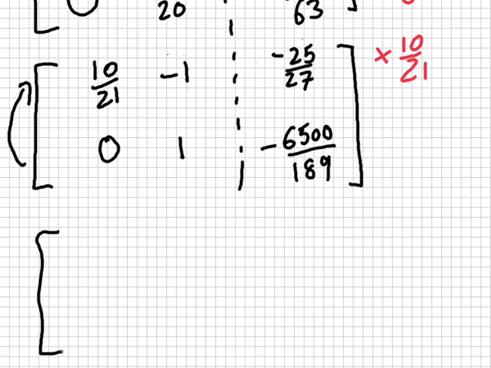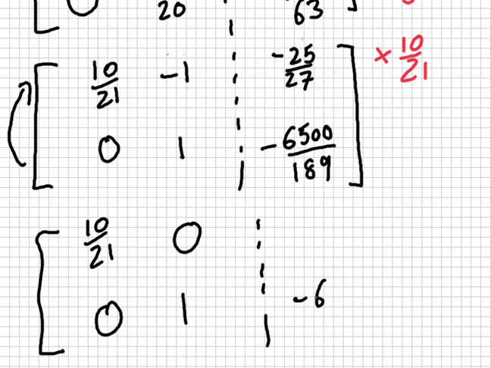So then we get 10 over 21, 0. Okay, so somebody needs to add these two together for me, please. If you add these two together, what do you get? Come on, this one plus this one. Someone type it in, please.